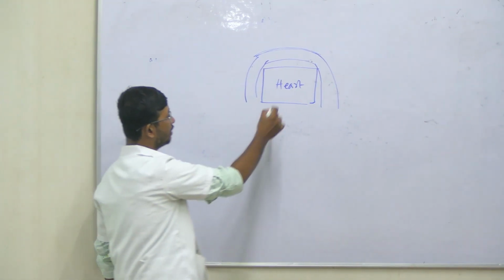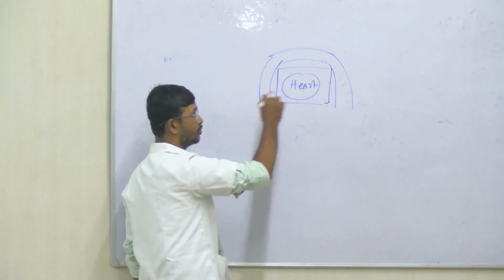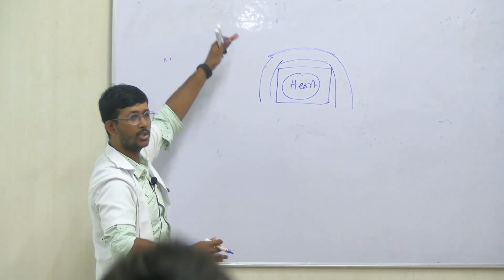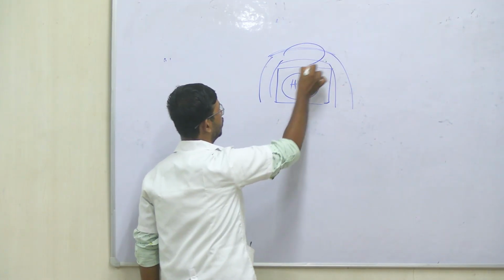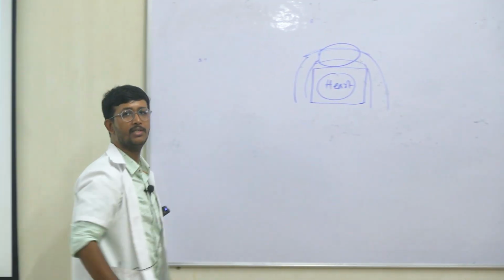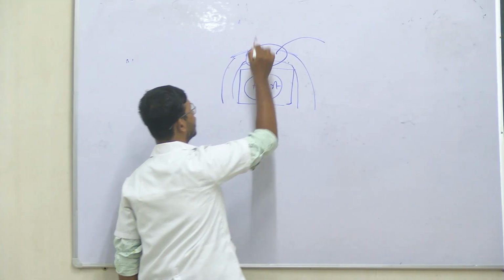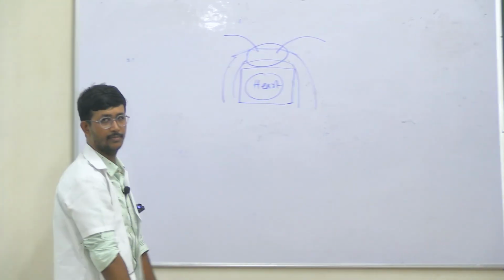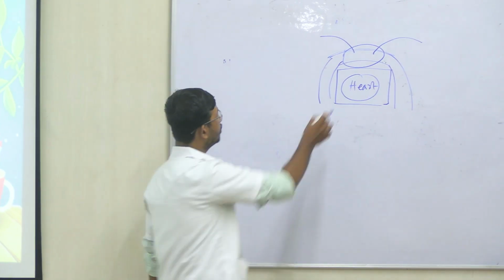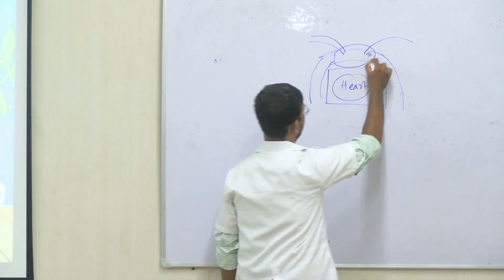Whatever blood is being pumped by the heart has to be supplied to the upper portion of the body by this arch of aorta. For this purpose, it gives certain branches. One is your subclavian artery, then your brachiocephalic trunk. These are two subsidiary arteries.